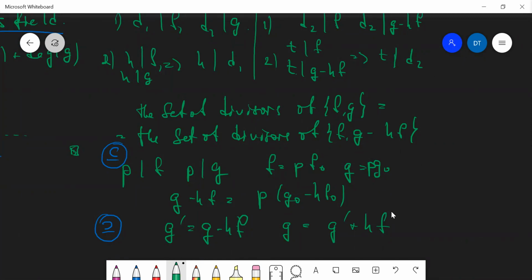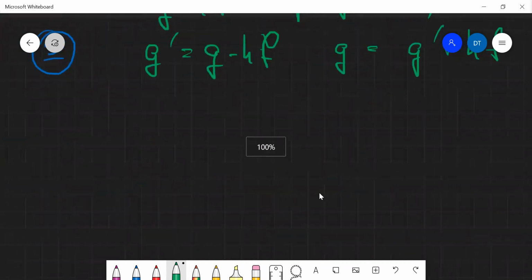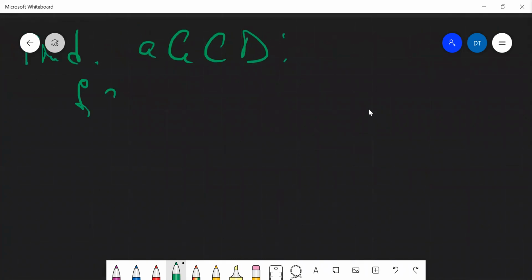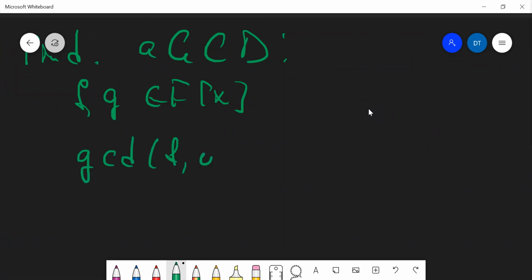Okay, so now what is the idea of finding the greatest common divisor for two polynomials? How to find a GCD. If we're given two polynomials, f and g. If one of them is 0, then by definition, a GCD of f and 0 is just f.